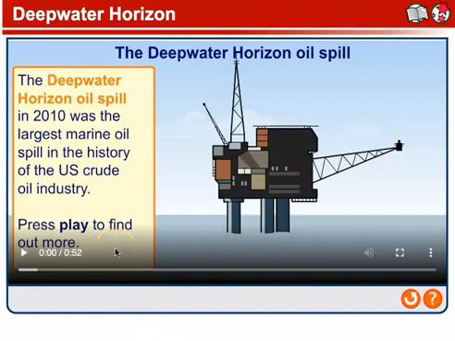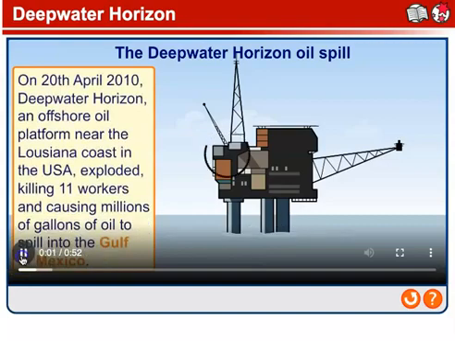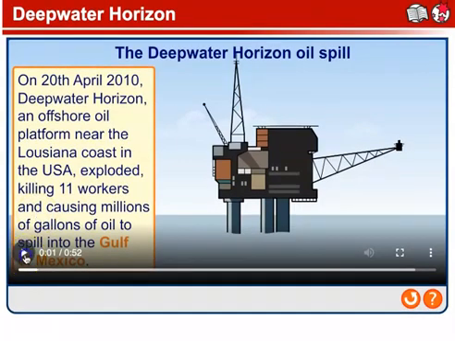The Deepwater Horizon. The Deepwater Horizon oil spill in 2010 was the largest marine oil spill in the history of the U.S. crude oil industry. On April 20th, 2010, Deepwater Horizon, which was an offshore oil platform near the Louisiana coast in the United States, exploded, killing 11 workers and causing millions of gallons of oil to spill into the Gulf of Mexico.